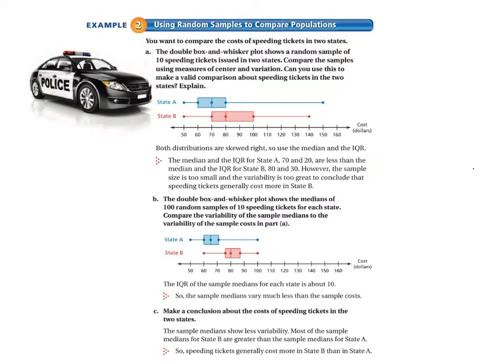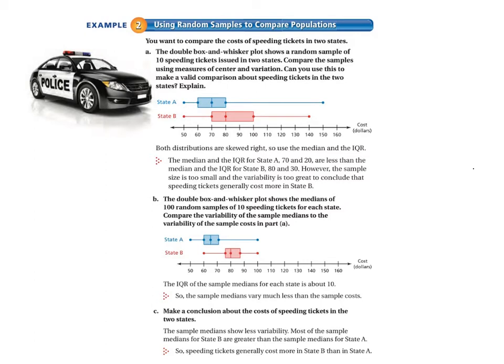Letter A says the double box and whisker plot shows a random sample of 10 speeding tickets issued in 2 states. Compare the samples using measures of center and measures of variation. Can you use this to make a valid comparison about the speeding tickets in the 2 states? And it asks us to explain.